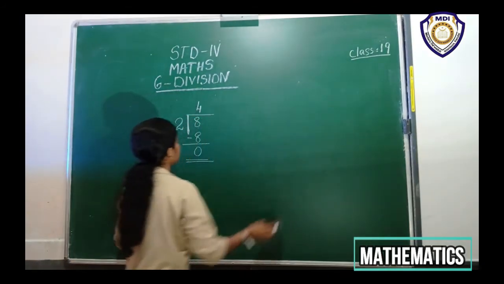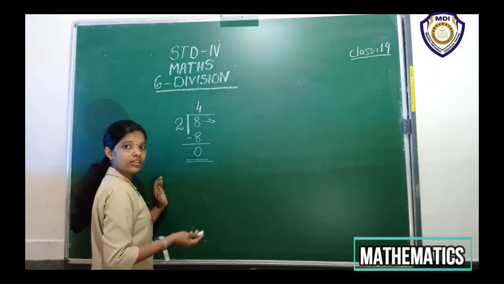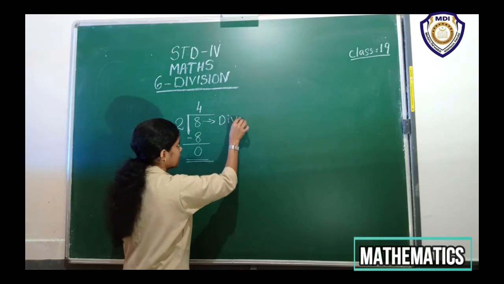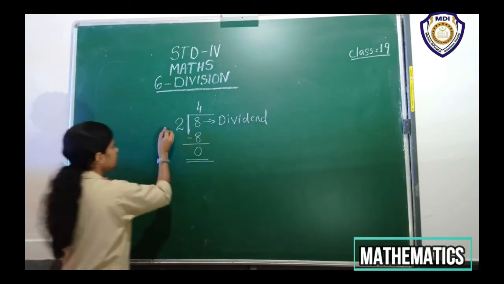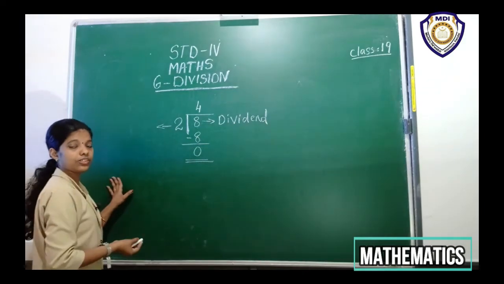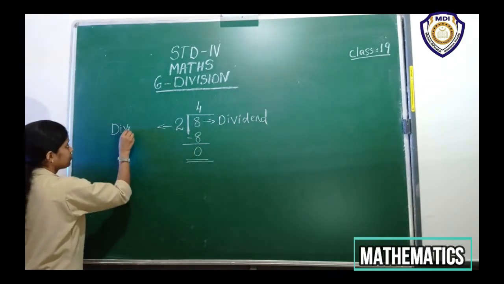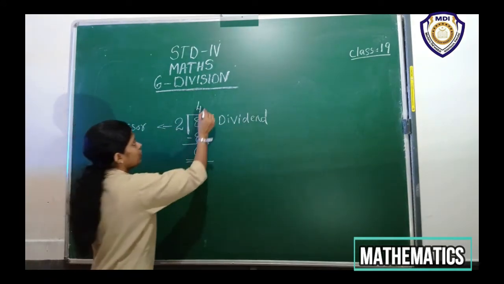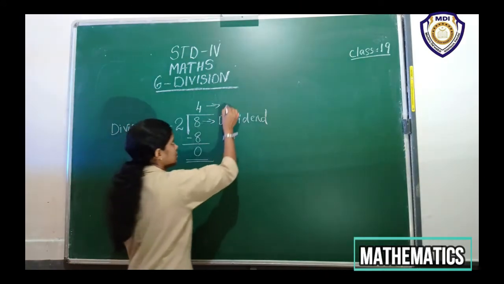Okay. Here 8 is the dividend. Then 2 is the divisor. Then 4 is the quotient.